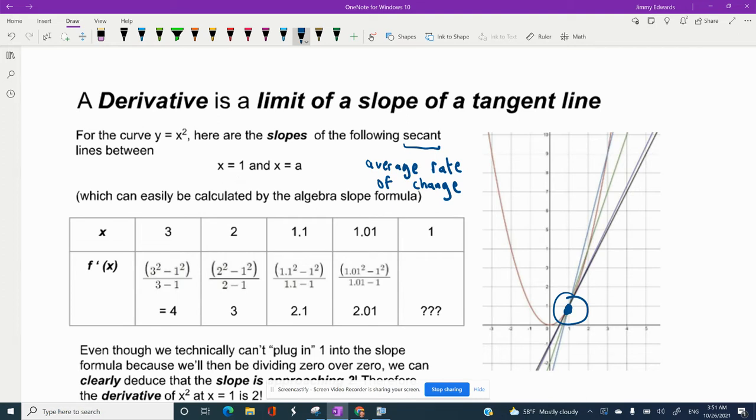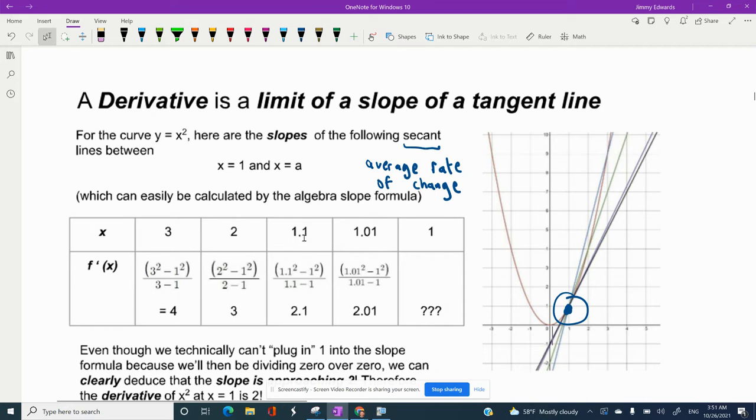And so we can calculate some average rates of change using the Algebra 1 slope formula. So for instance, 3 squared minus 1 squared all over 3 minus 1, that's the slope formula to find the slope between 1 and 3, and that slope is 4. Between 2 and 1, that slope is 3.